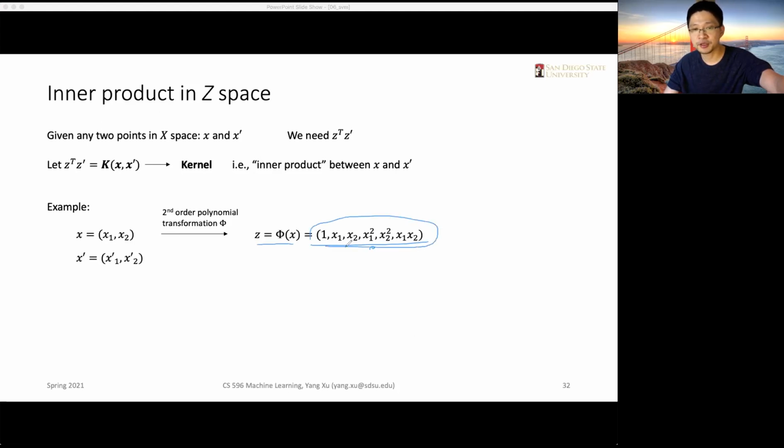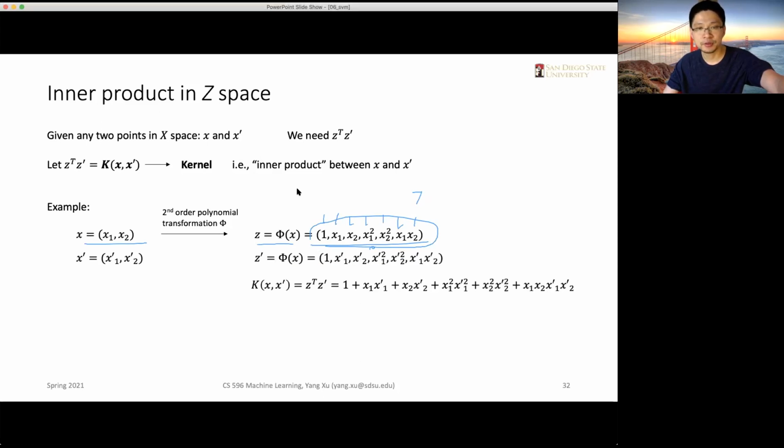Of course the dimension of Z is higher than X. We have 1, 2, 3, 4, 5, 6, 7. Okay, it has 7 dimensions, a much higher dimensional representation than the original 2-dimensional one. So if we compute the transformation for Z and Z prime, and compute the kernel function as well, it becomes like this.